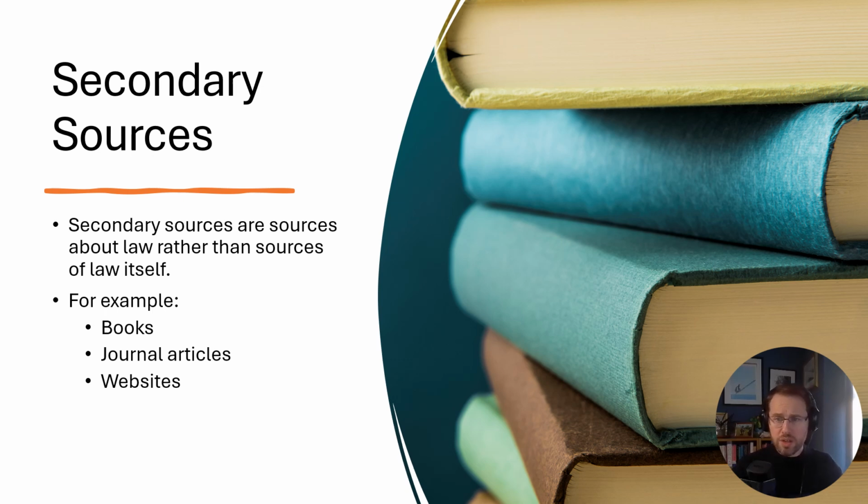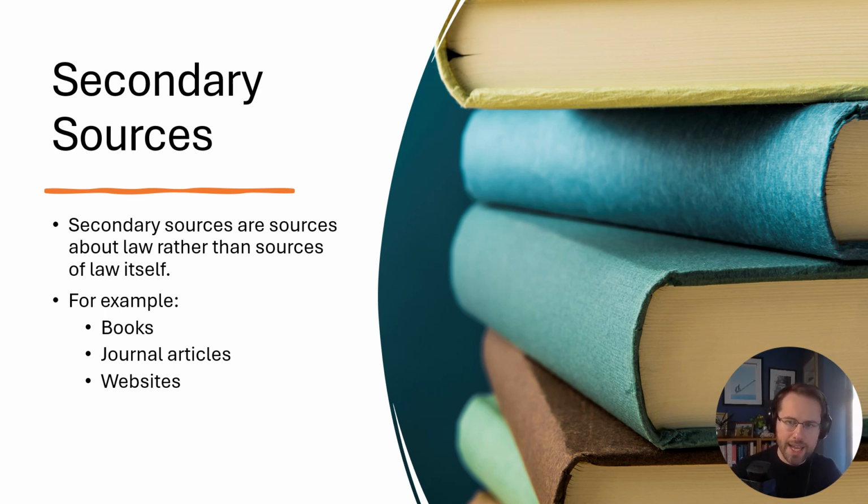So in terms of the material that we're going to cover in this video, we're focusing primarily on secondary sources. So in law, secondary sources are sources about the law rather than sources of the law itself. So we're talking about books and journal articles, and websites are the 3 things I'm going to focus on because those are the 3 sources that you might use the most.